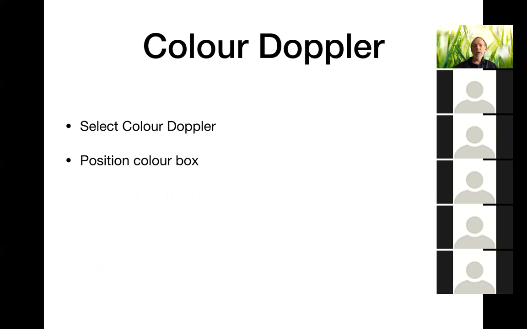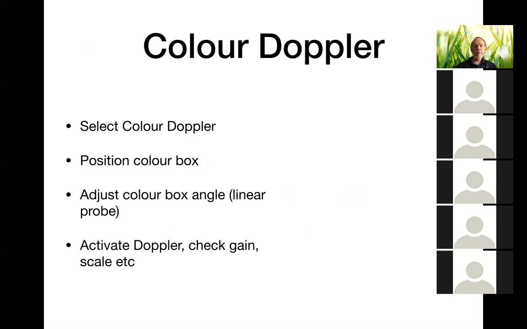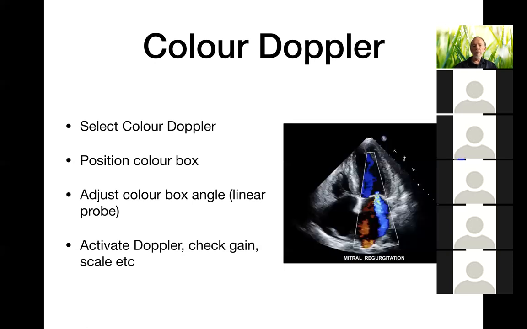If you're using a linear probe, you can also angle it to get an appropriate beam to vessel angle. But that's going to be in vascular applications. Then you can activate the Doppler, once again, check all of the scales and settings are appropriate and so on, and acquire your information. And here would be another typical color Doppler image in the heart.